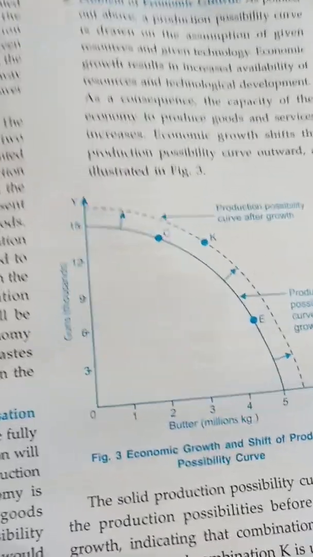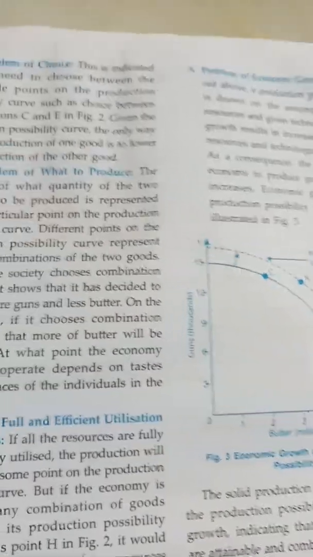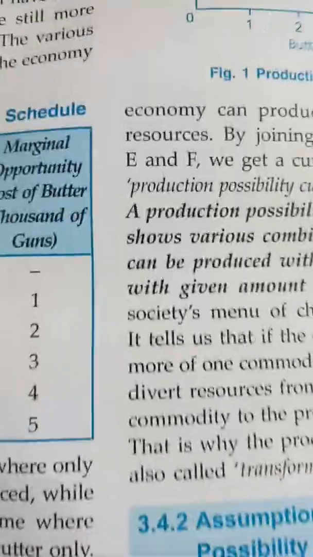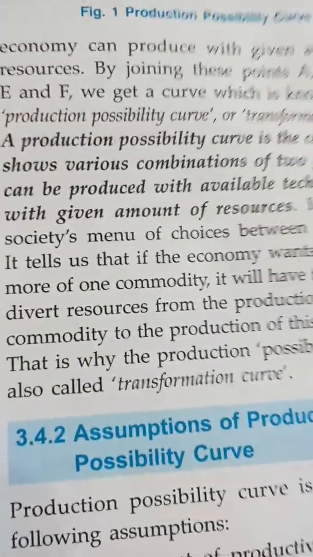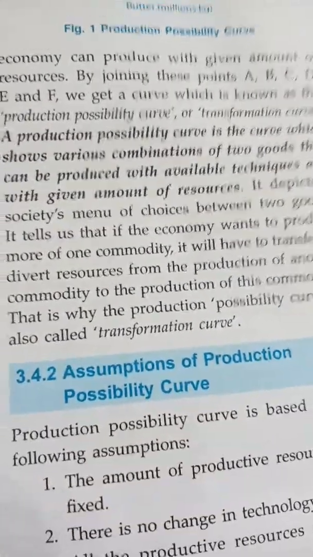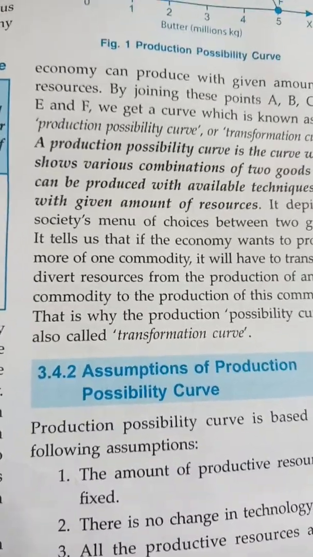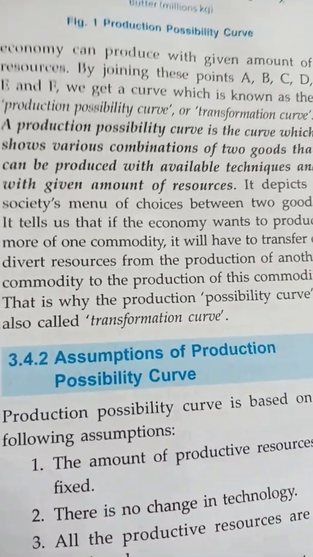And before ending, one more thing. PPC is also called the transformation curve. Now why? Because the production possibility curve depicts a society's menu of choices between two goods.